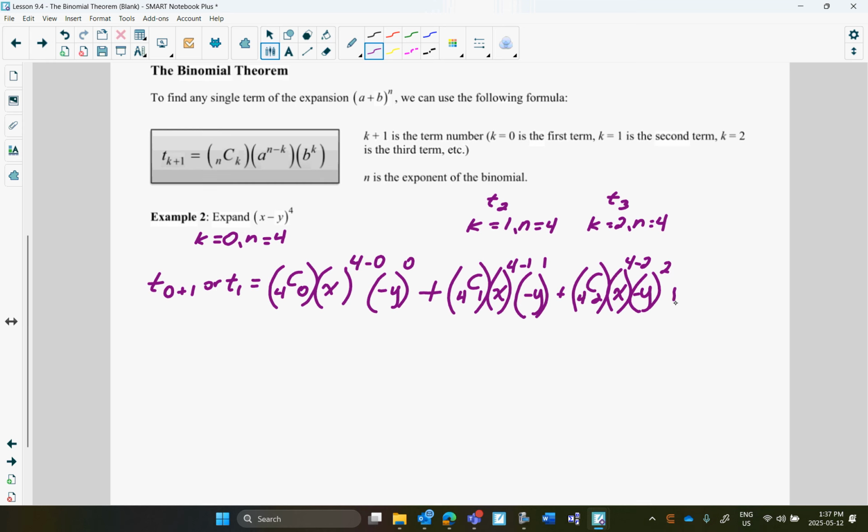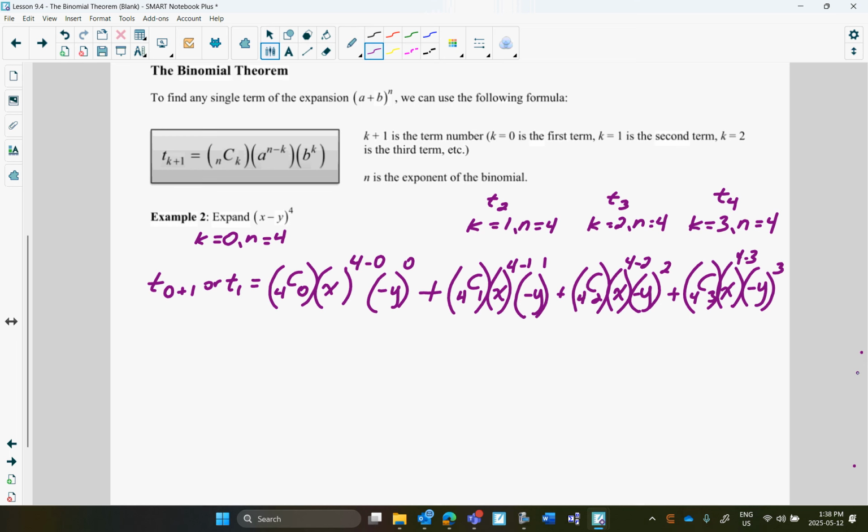And finally, because there's only going to be 4 terms, the fourth term, k is equal to 3, n is 4. It's going to be 4 choose 3 times x to the 4 minus 3 times negative y to the 3rd.